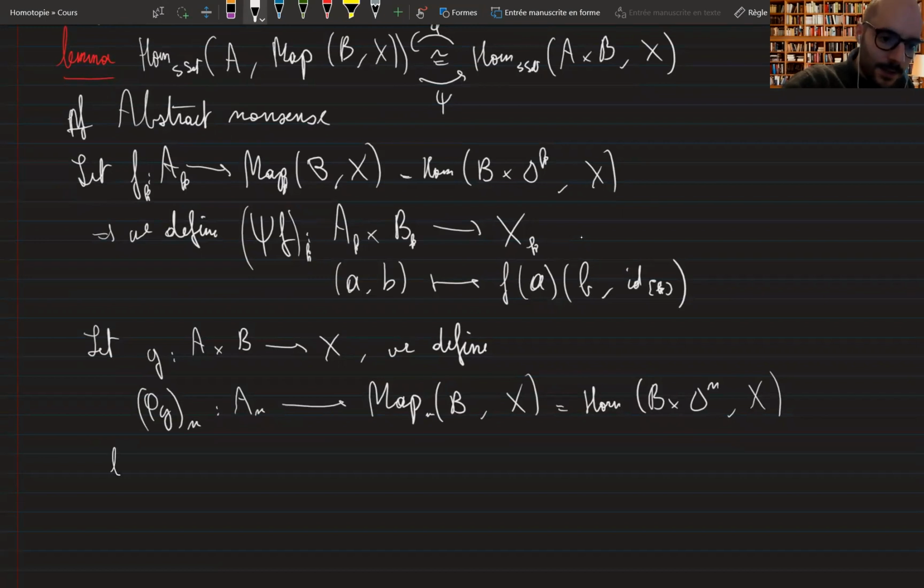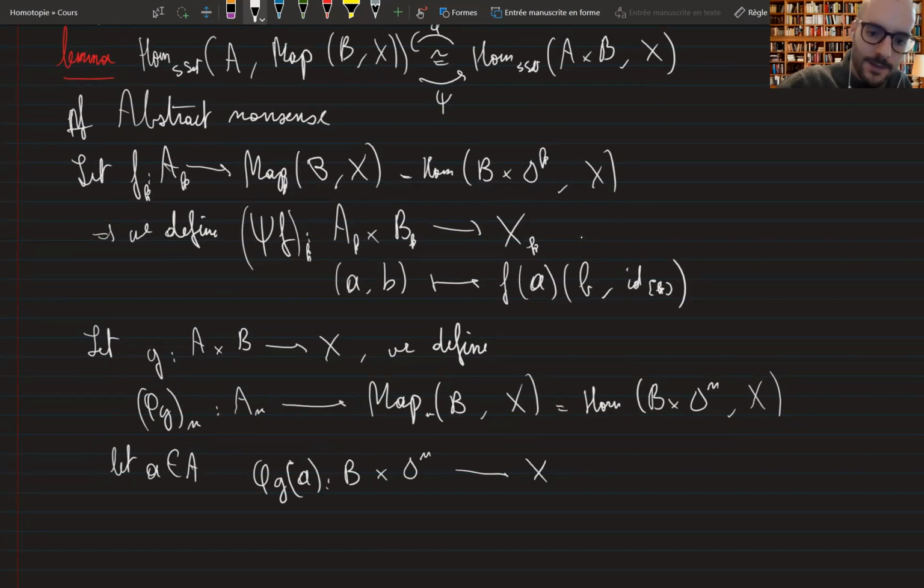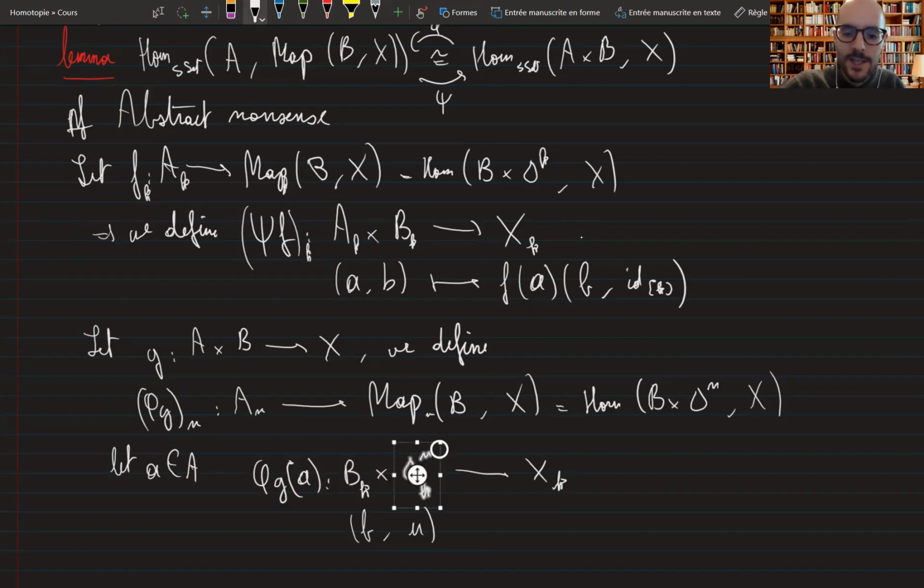And so let's say you have A in A_n. You have to define phi G of A to be a simplicial map from B cross delta n into X. So let us define it in degree K. It starts to become a bit complicated. So let's say you have some K simplex here, and U is a K simplex in delta n, which is simply a map in delta from K to n.